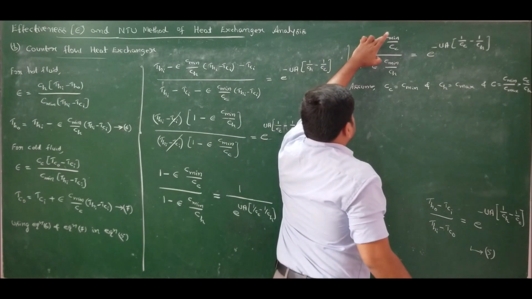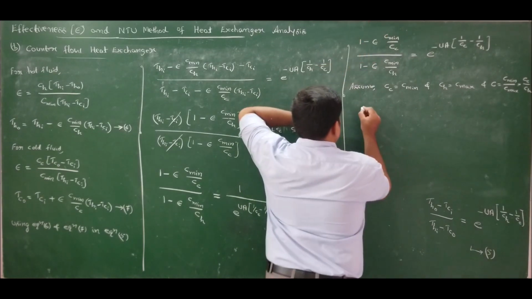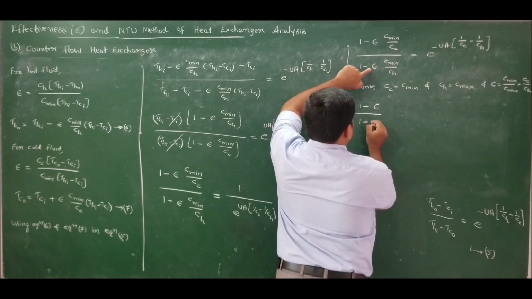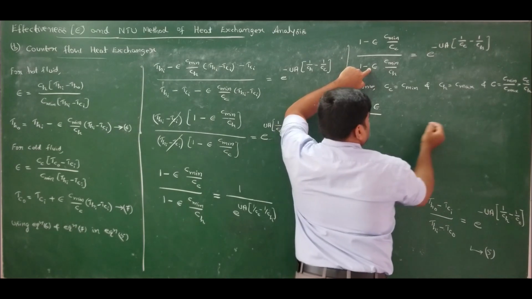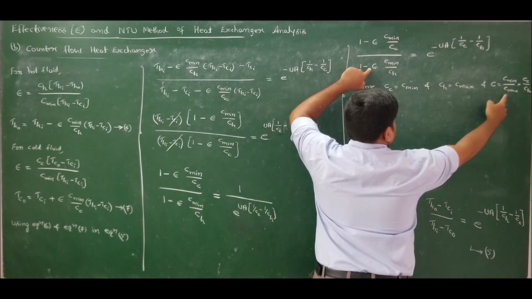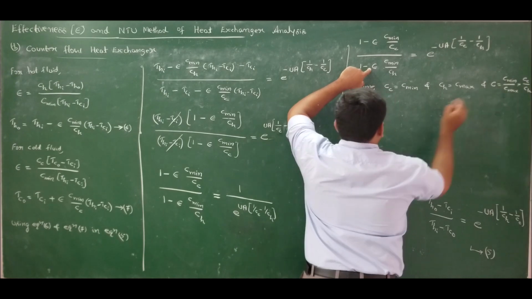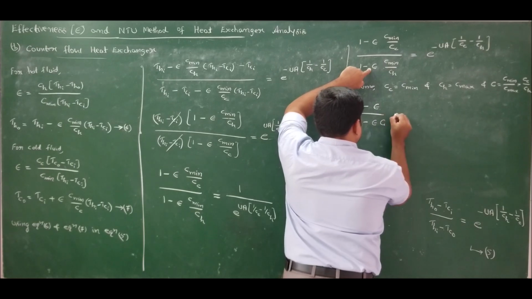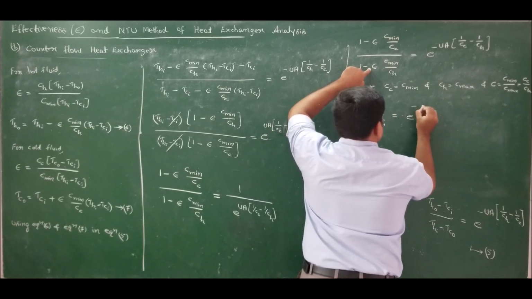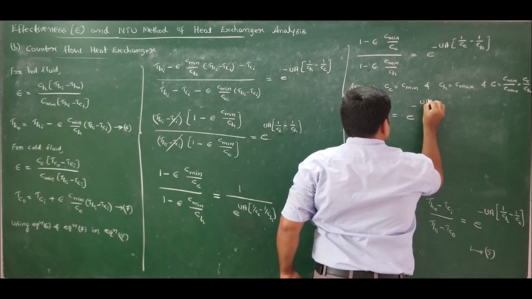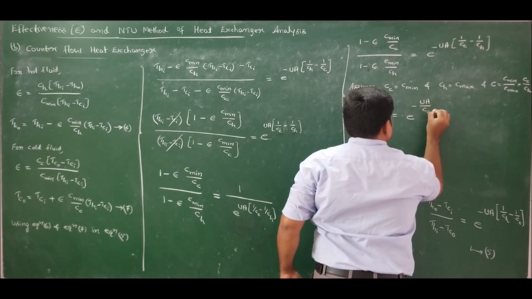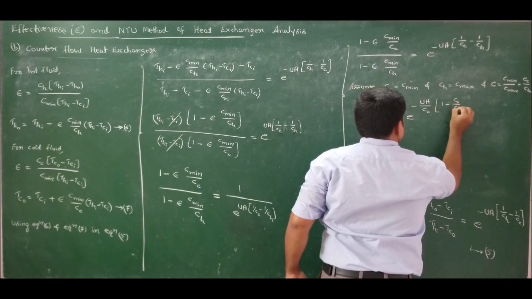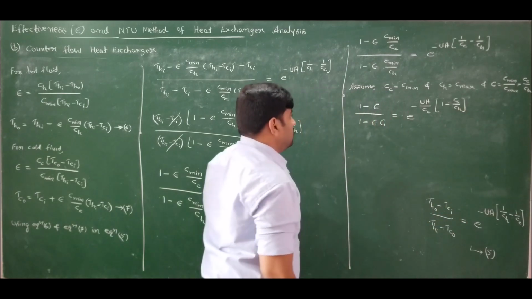If I introduce that, C minimum will get cancelled, so I am left with 1 minus epsilon divided by 1 minus epsilon times C minimum by Ch, which is C minimum by C max, that is C. So 1 minus epsilon into C is equal to e to the power of minus UA, take Cc common, it will be 1 minus Cc by Ch. I got what I required.